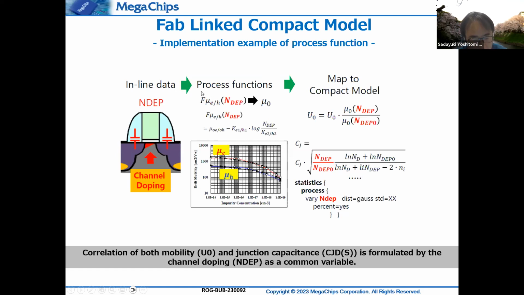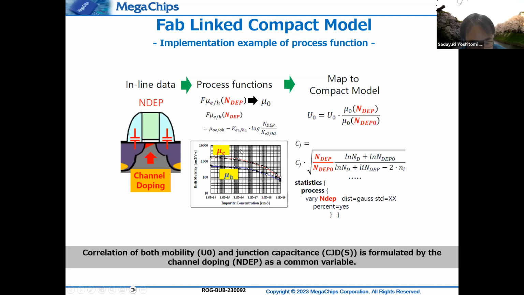Let's focus on the mobility: how to map NDEP inline data to mobility functions. We just want to know how mobility changes by changing the NDEP. So we created empirical equations to trace the well-known relationship written in the semiconductor physics handbook. To follow this trend, we created an empirical formula.